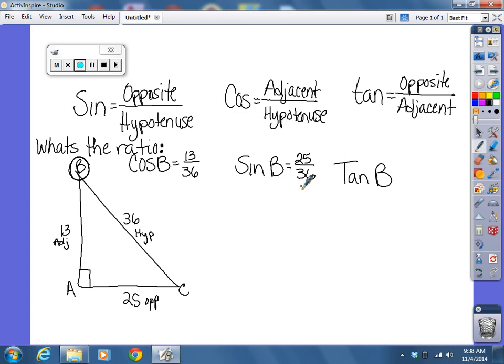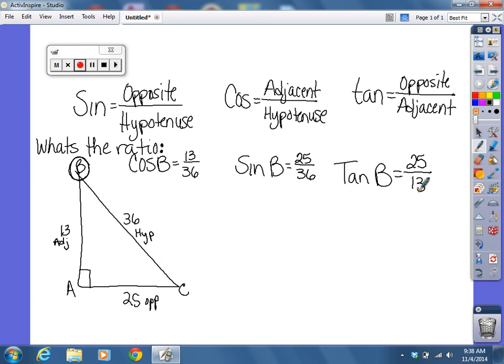Tangent, sorry about that, let me plug in the computer before it dies. There we go. So my tangent is going to be opposite over adjacent. So opposite is 25 and adjacent is 13. Depending on what the question actually asks, if it tells you to simplify these answers, then you have to simplify them.